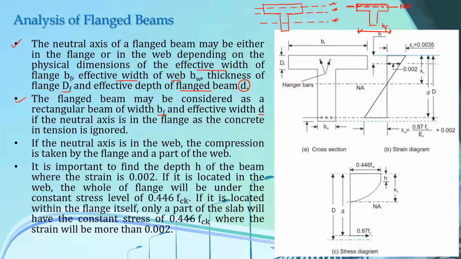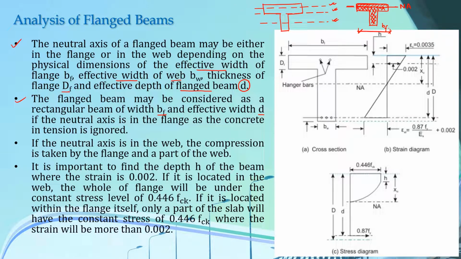That means this area of concrete is responsible for resisting the compressive stresses, and the remaining area of your beam that is below this neutral axis, you can ignore totally because we do not consider the tension carrying capacity of our concrete.